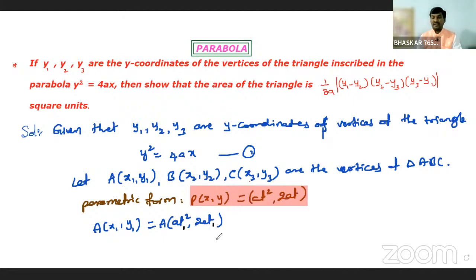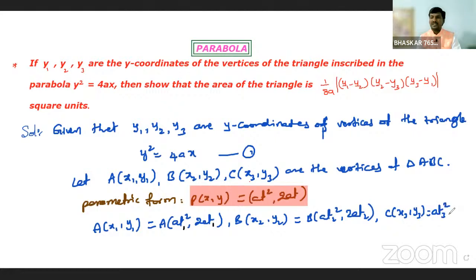The point B (x2, y2) equals (a t2 square, 2a t2). The next one, C (x3, y3), equals (a t3 square, 2a t3). This is the third point.